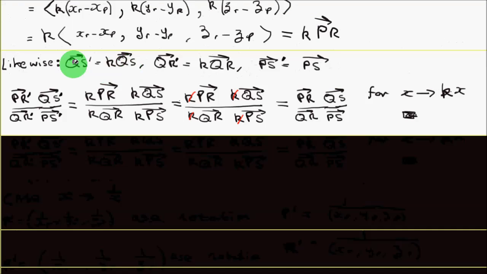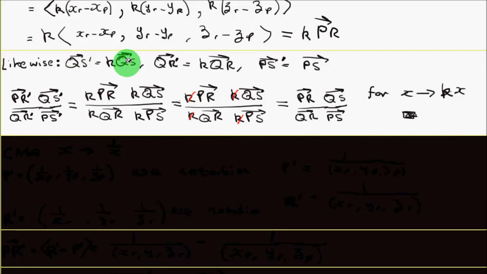Now applying this result likewise to the primed vector q to s, the primed vector q to r, and the primed vector p to s, we can substitute these into the primed vector cross ratio. Using the result, each one is k times the unprimed.